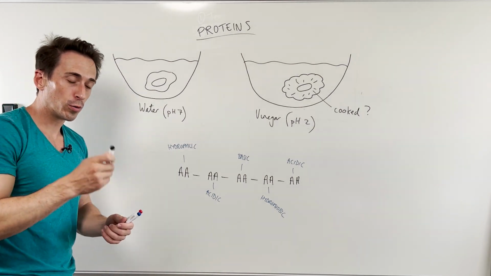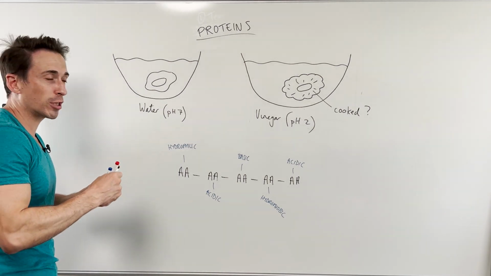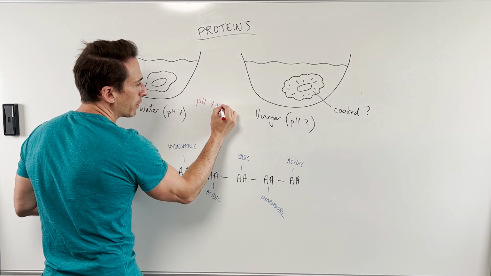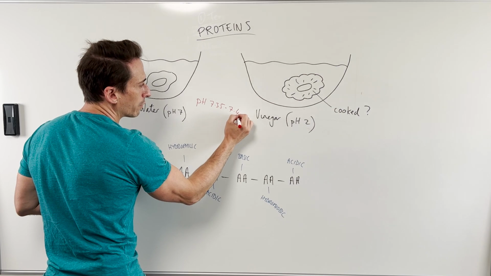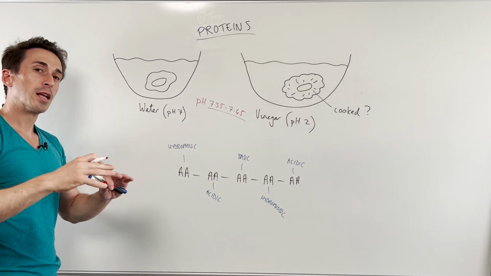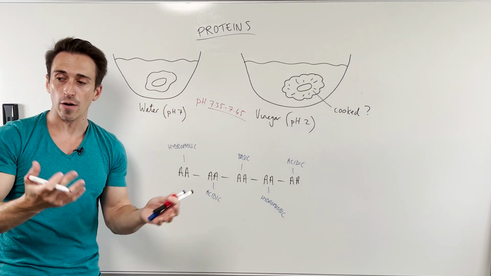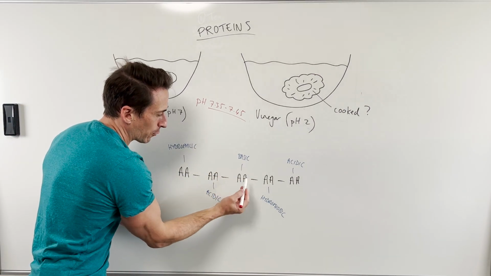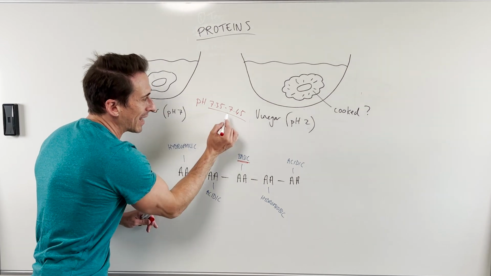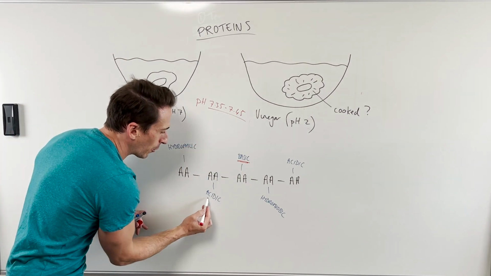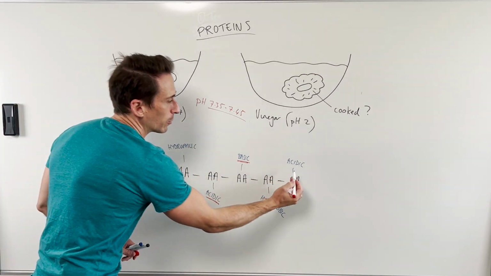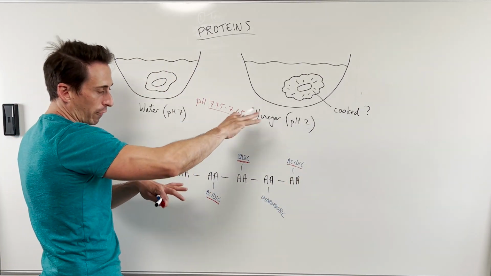And it folds because the solution that it's in is pH 7.35 to pH 7.45. That's the narrow range that it appropriately folds in. So for example, this amino acid is basic at this pH. This amino acid is acidic at this pH. And same with this one, and so it folds a particular way.